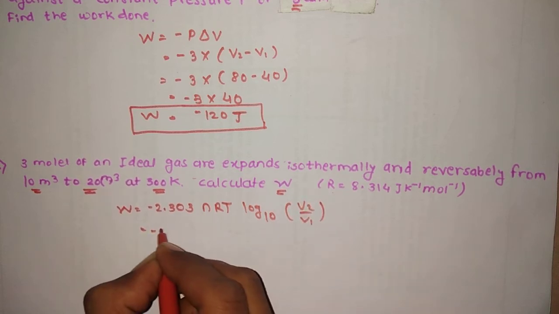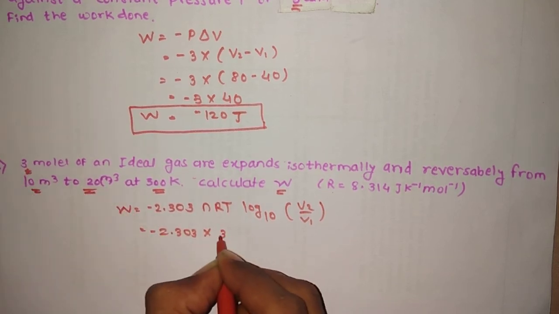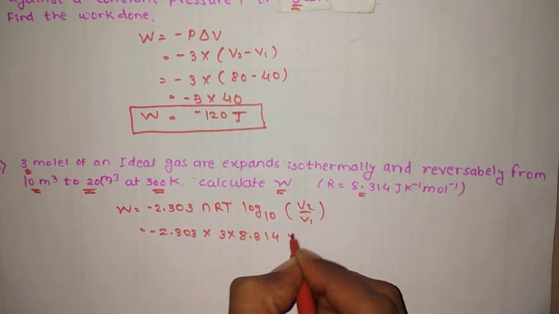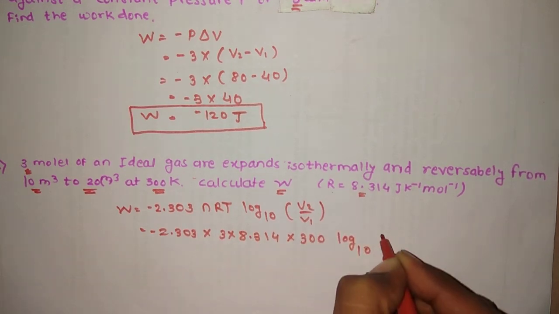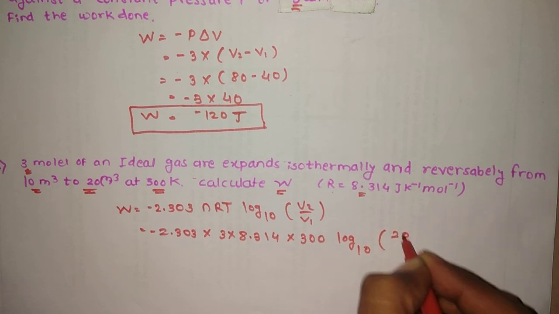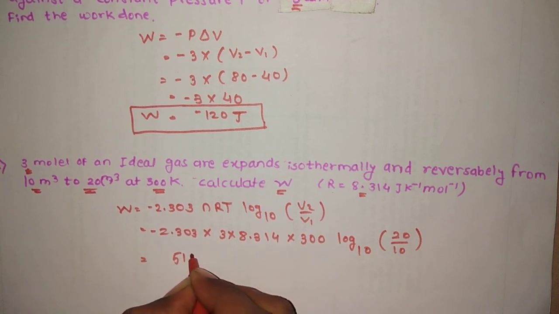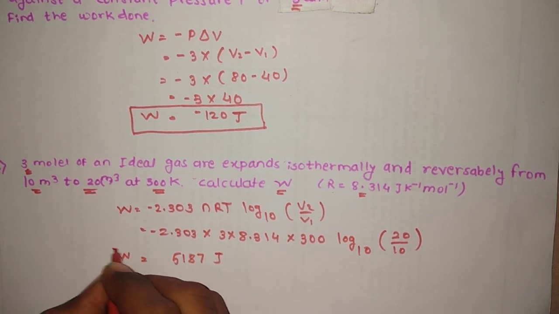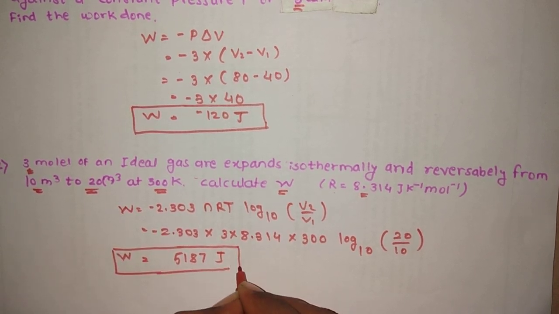Put the values: minus 2.303 into n, which is 3 moles, R is 8.314, temperature is 300 Kelvin, log to the base 10 of 20 by 10. Calculating this, we get the answer as 5187 joules. So this is the value for maximum work.